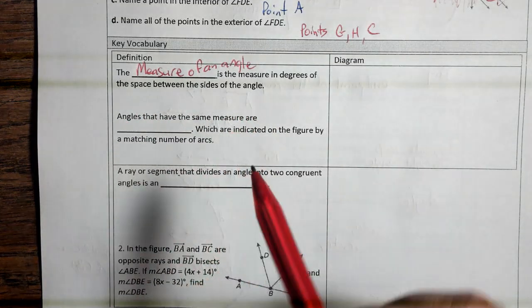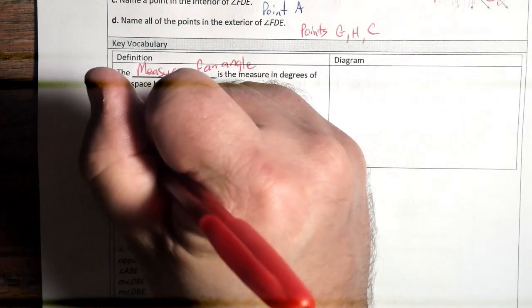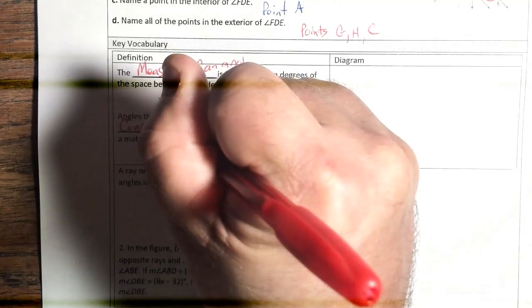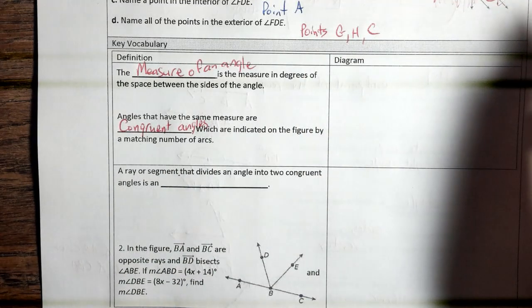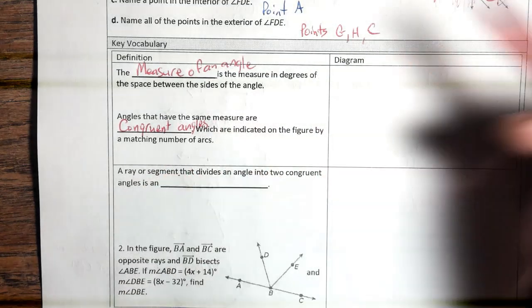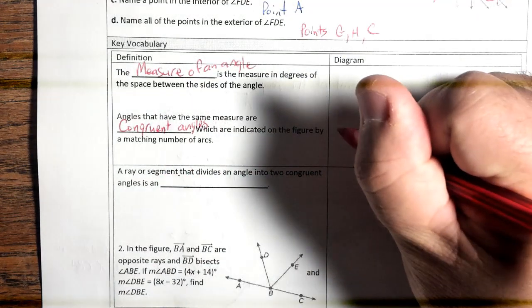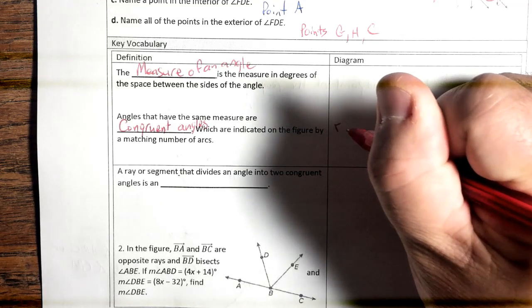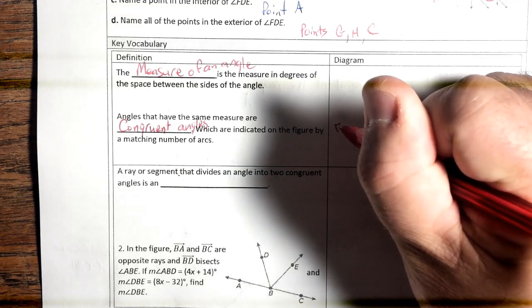Angles that have the same measure are congruent angles. I hope we do remember already, as many times as I've mentioned it, congruent and equal are hand in hand in this class. Equal goes with numbers, congruency goes with shapes.